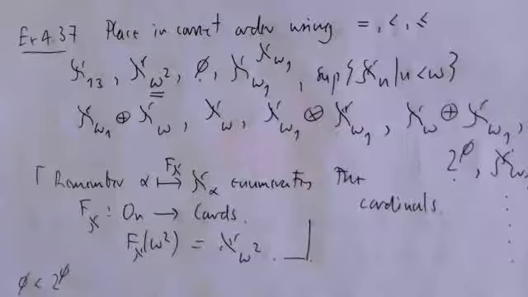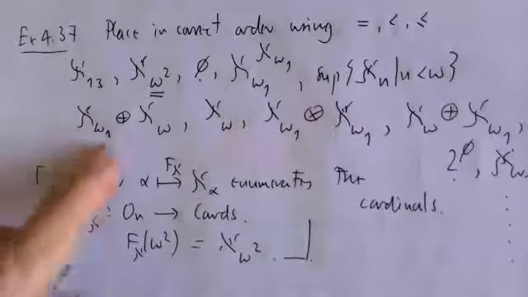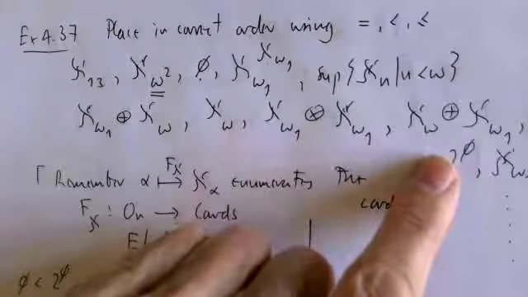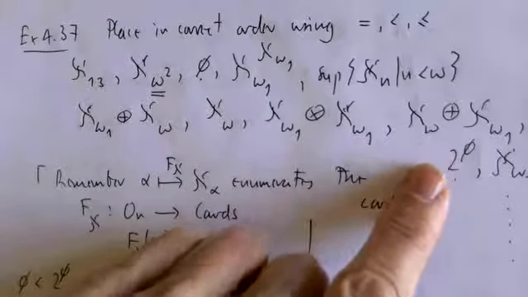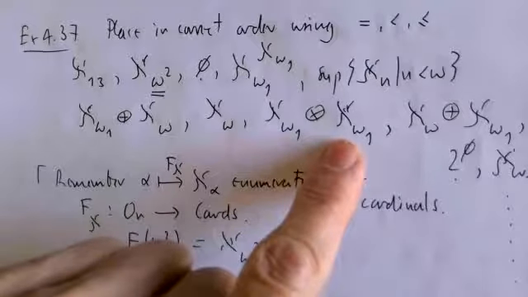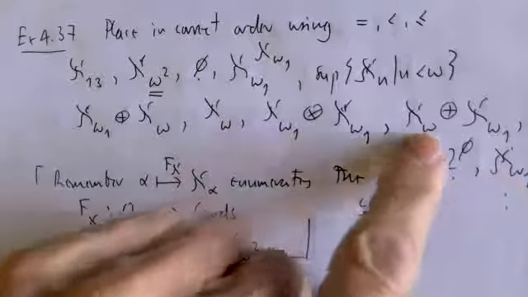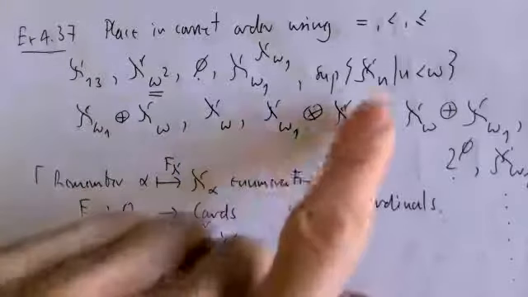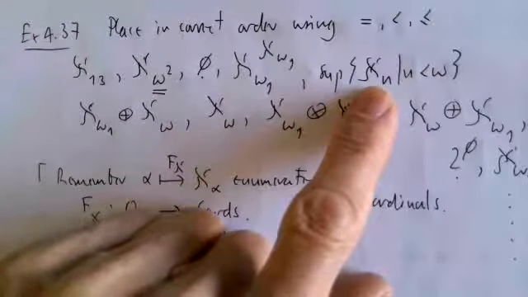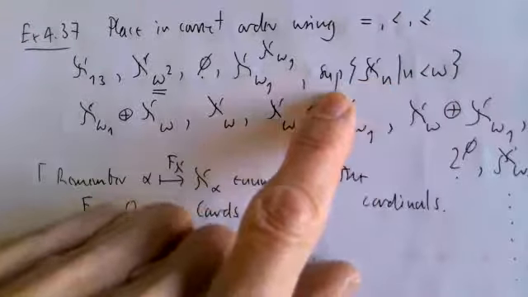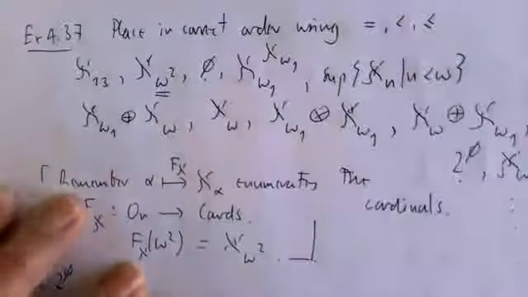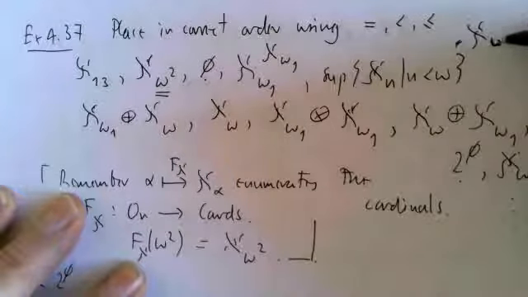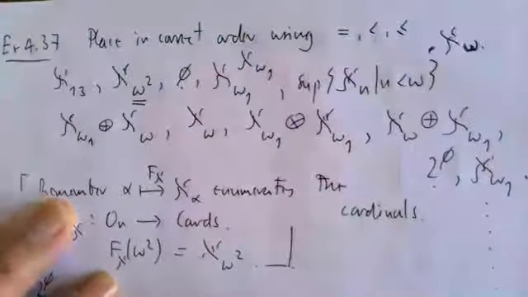Then what one does is look through the list for Alephs with the least index. Again, all of these are infinite indices. So we've got omegas and omega 1s, omega squareds. Here we've got finite indices. So we've got Aleph n's. We're asked for the supremum of the Aleph n's. Well, that's Aleph omega by definition.